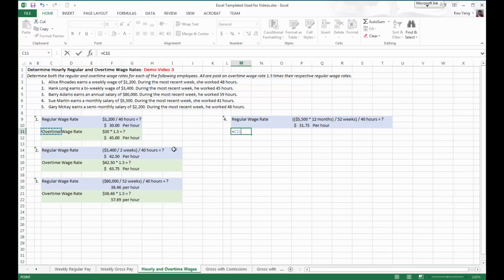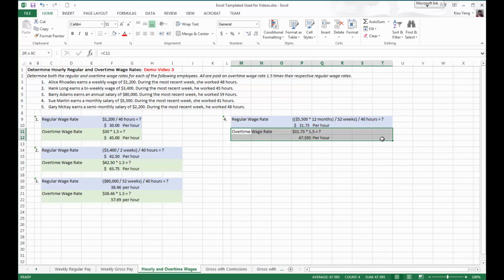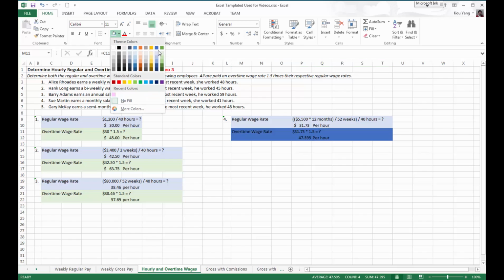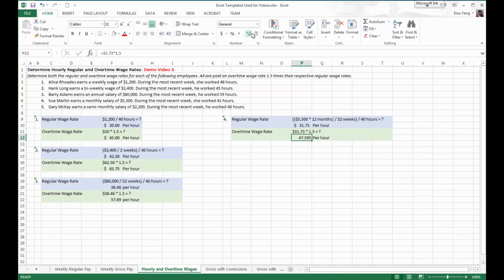Her overtime rate is going to be calculated as such. Once again, we're going to take her hourly rate of $31.73, multiply by 1.5, to equal an overtime rate of $47.60 per hour.